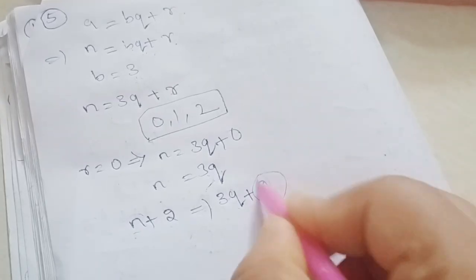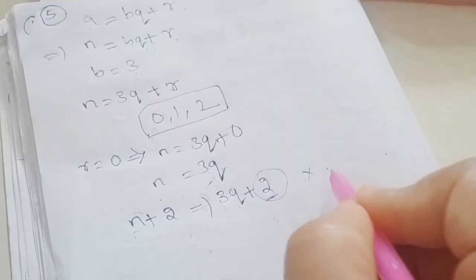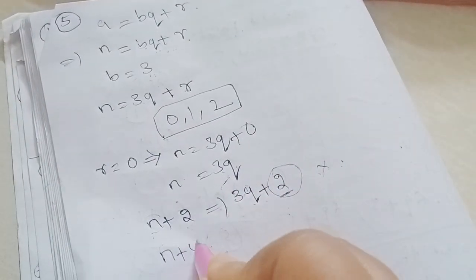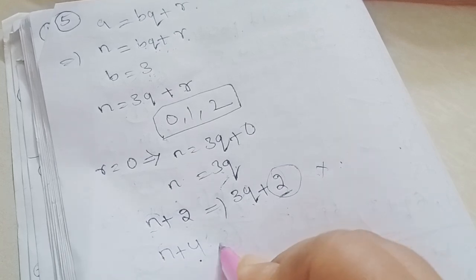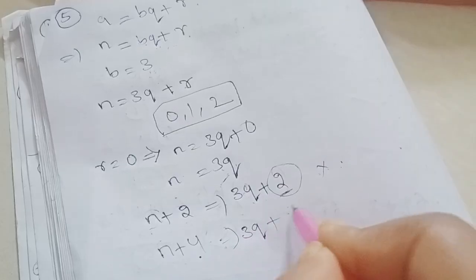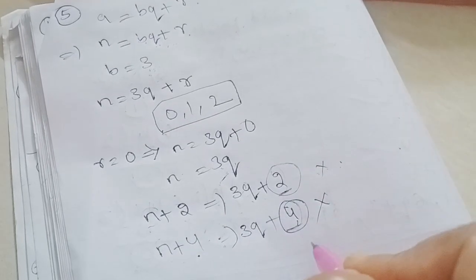What is the remainder? 2. So this is not divisible by 3. Okay? Next, what is the given in the question? n plus 4. So n plus 4 means 3q plus 4. This is also not divisible because the remainder is 4.